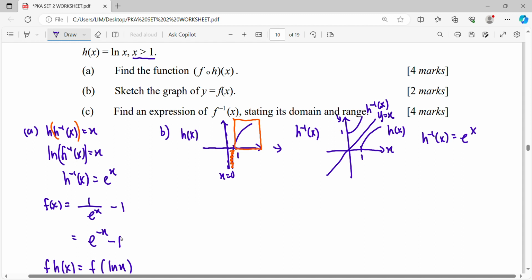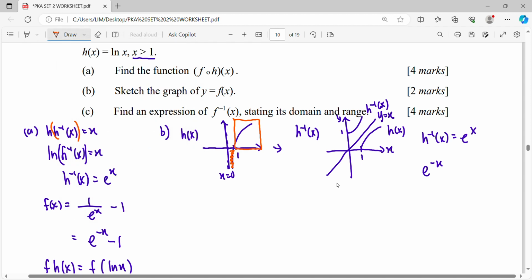To get the function e^(-x), start from e^x. So e^x is this part. When you want to get e^(-x), multiplying by a negative coefficient on x means there is a reflection in the y-axis.